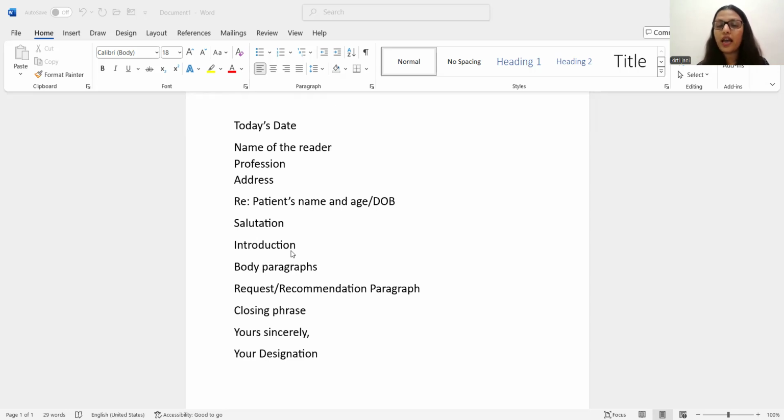Now, the introduction should have three main pieces of information: the full name of the patient, the current issue, that means the current problem of the patient, and the reason for writing the letter. These three should be clear in the introduction paragraph, and there should not be any additional information. If you want to write more, you can write it in the body paragraphs.